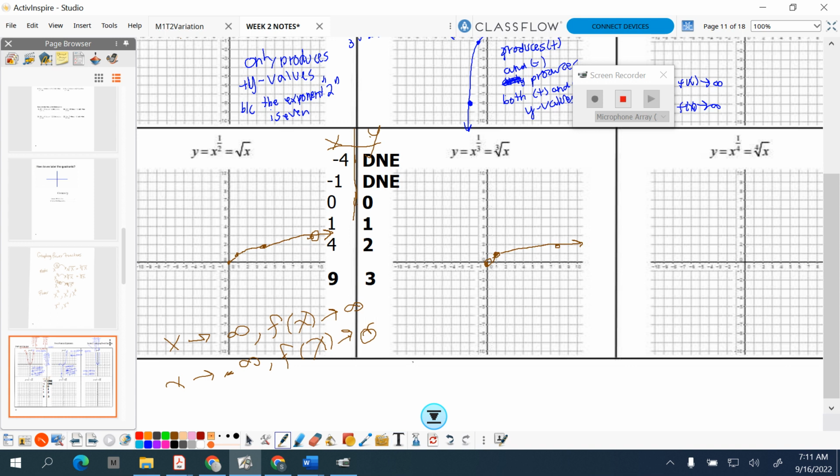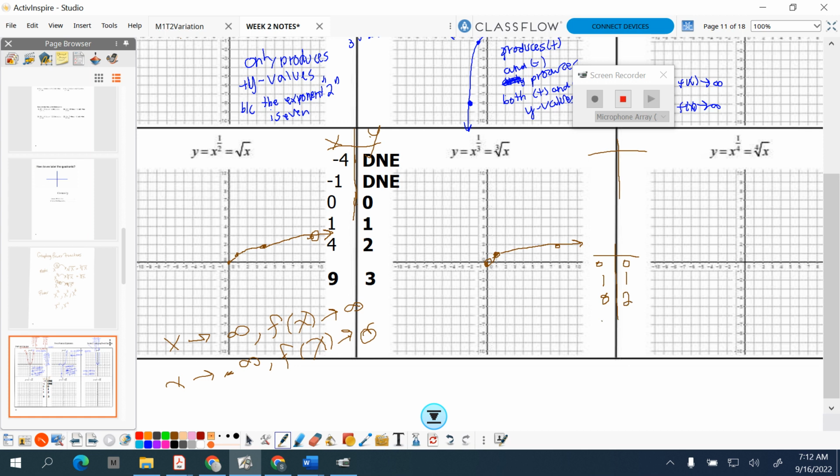Now, I'm going to create a table here. If I wanted to create a table of values for this, I already have 0 and 0, 1 and 1, 8 and 2.